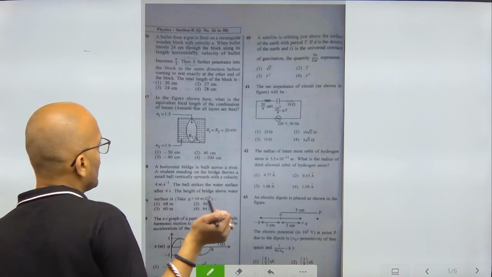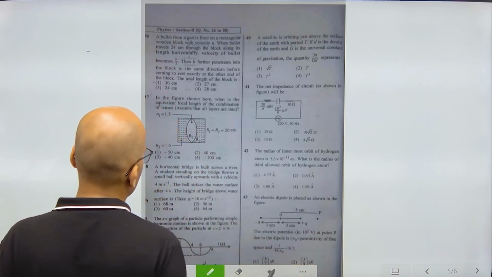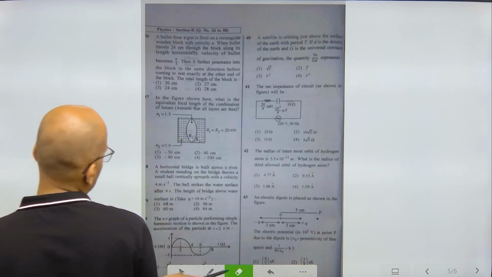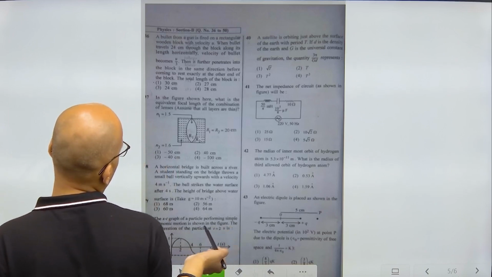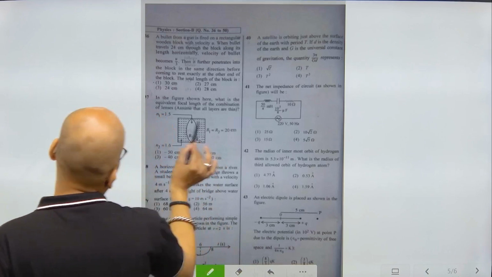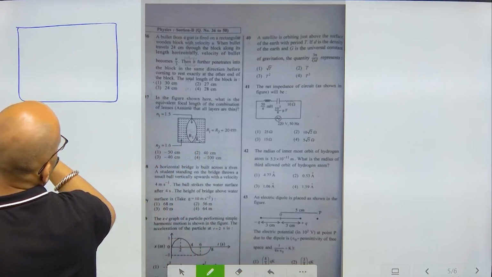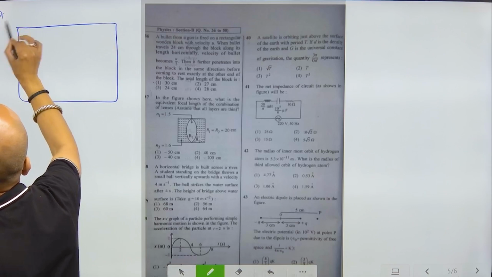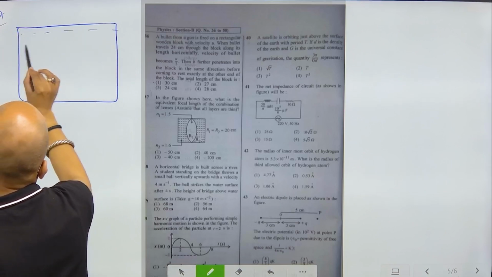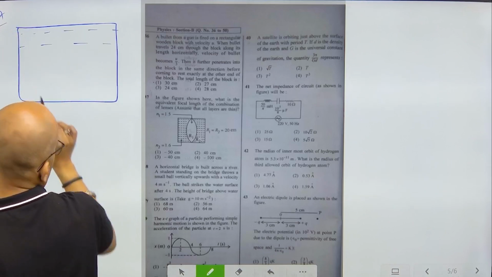Now this is a figure shown to us, and what is the equivalent focal length of the combination of the lenses? Please see. Question number 37. This was an easy question. This you could have attempted.